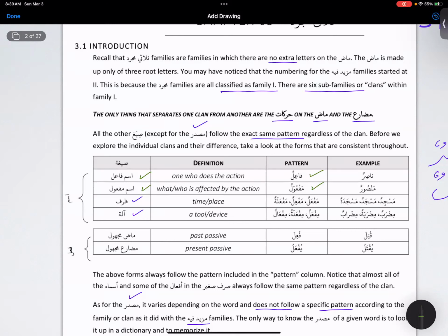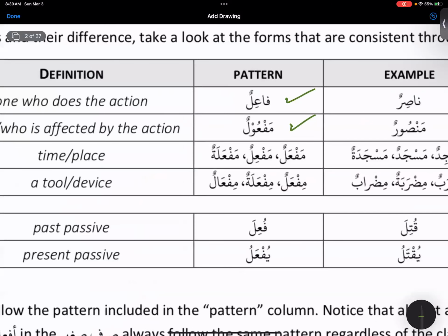Zarf are going to be 3, and this is the set pattern for them. So one is Maf'alun, where you see that meem is going to have a fatha, and then the middle root letter having a fatha. Then the other variation is Maf'ilun, so the other one is with kasra. And the third one with ta marbuta.